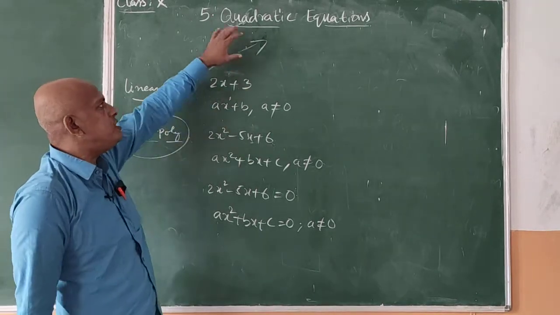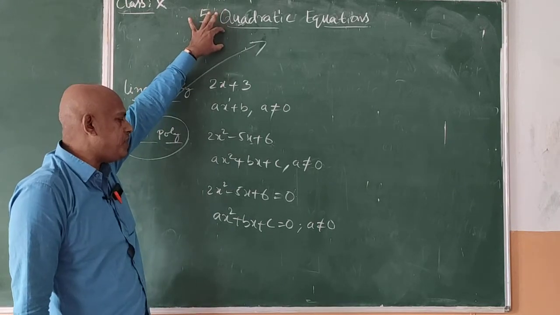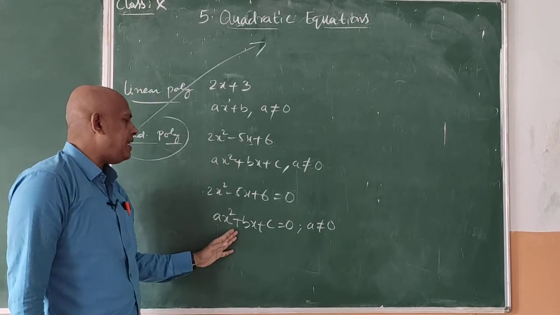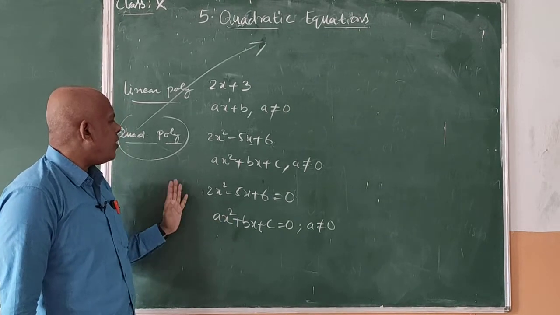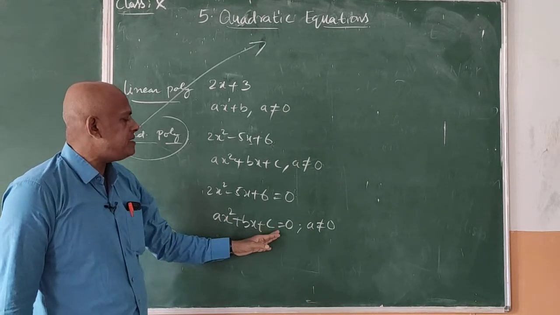What we are learning about this topic is a quadratic equation, a second degree equation, or second degree equation of the polynomial or quadratic polynomial which contains the symbol is equal to 0.